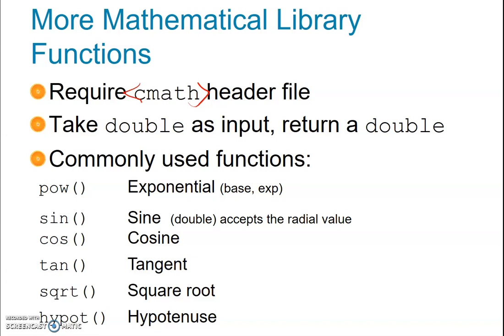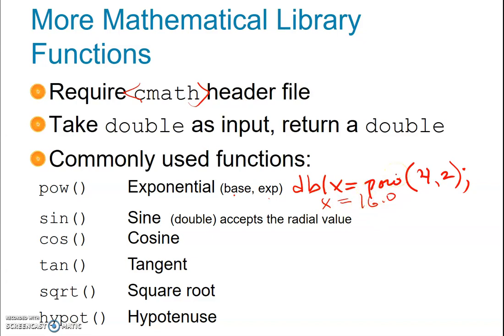I'll have to share that bottom one. There is one at the bottom of the slide that isn't present, but the pow function is used for exponential math. It accepts the base and the exponent in that order. So if I ask double x to equal the pow of, let's say, 4 and 2, then x is going to equal 16.0.